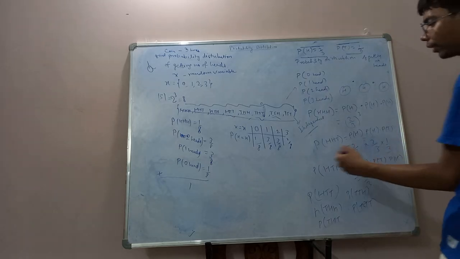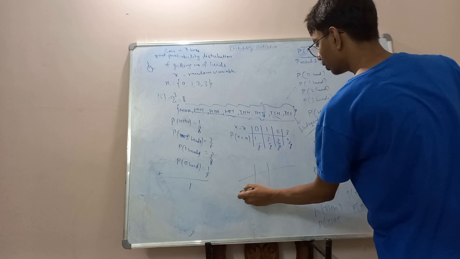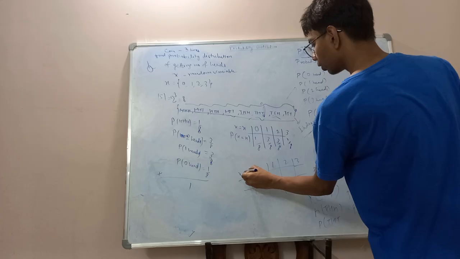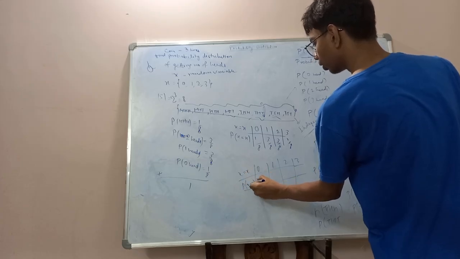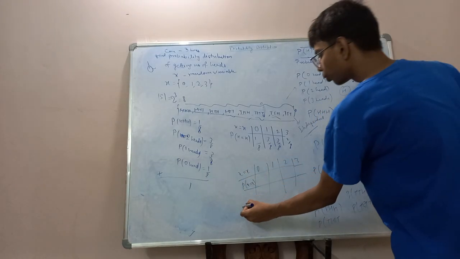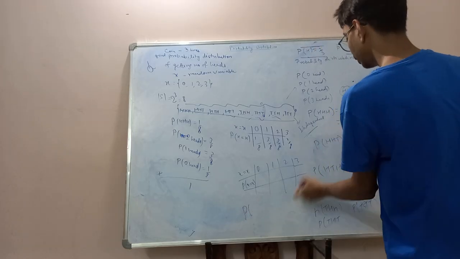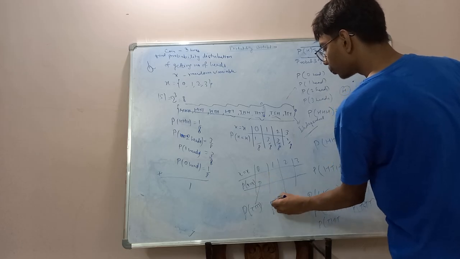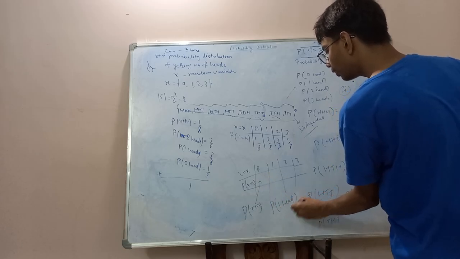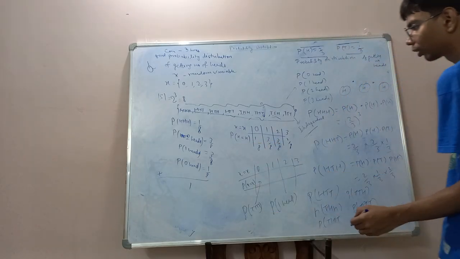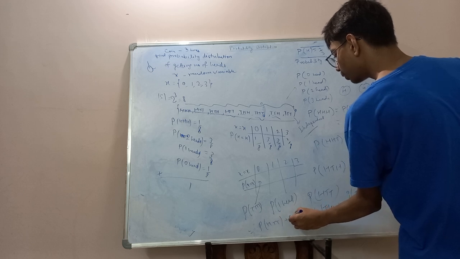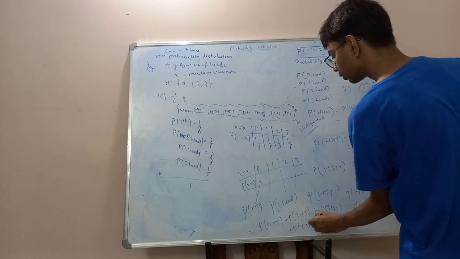Now for the probability distribution, again I will make 0, 1, 2, 3. For the probability of getting no head, it will be simply P of TTT. For the probability of getting one head, I will add all the cases: probability of HTT plus probability of THT plus probability of TTH.